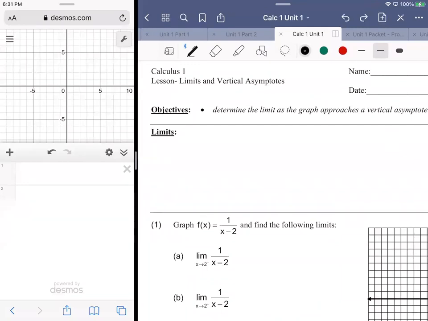mathematical definition. All right. So limits are y values that the graph approaches.